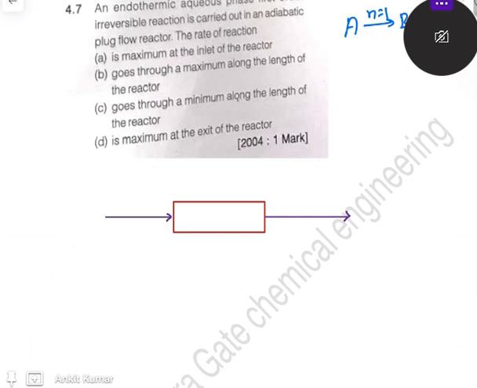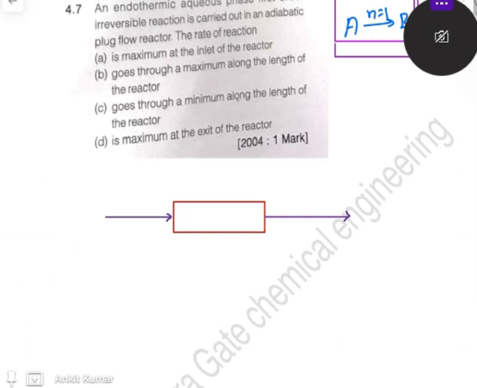One more option says the rate goes through a maximum along the length of the reactor. Since this is an irreversible reaction, the case is different; if it were a reversible reaction, the case would be different. This is an endothermic reaction, so the rate will increase when you increase the temperature, right?